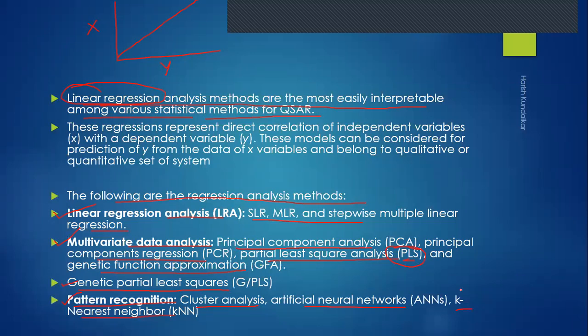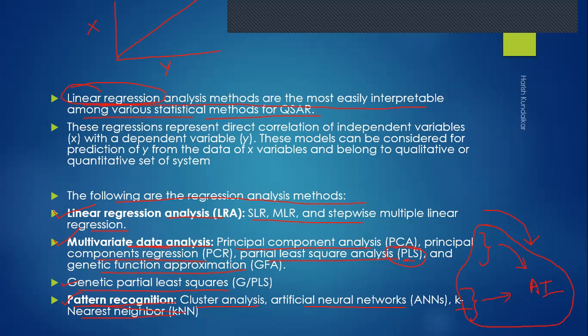And these pattern recognition techniques are the ones that are widely used in artificial intelligence. Obviously, principal component analysis, PLS analysis, etc. are also used, and linear regression analysis is also used, but artificial intelligence more widely uses multivariate data analysis and pattern recognition techniques, as compared to QSAR.